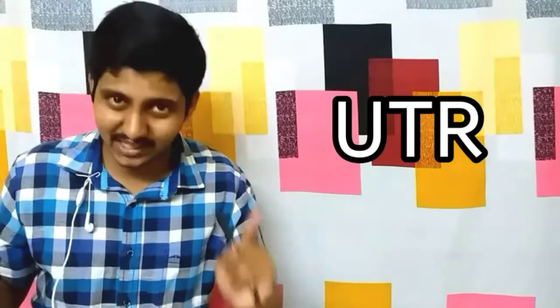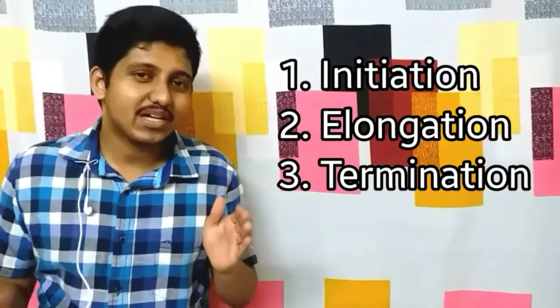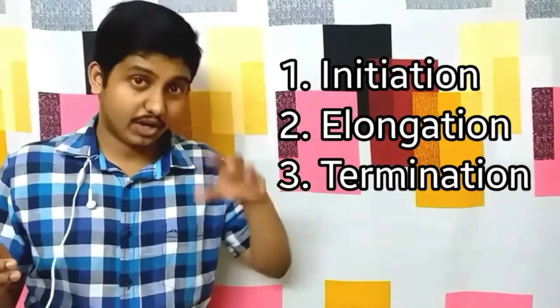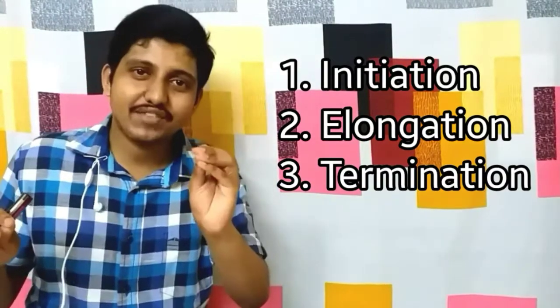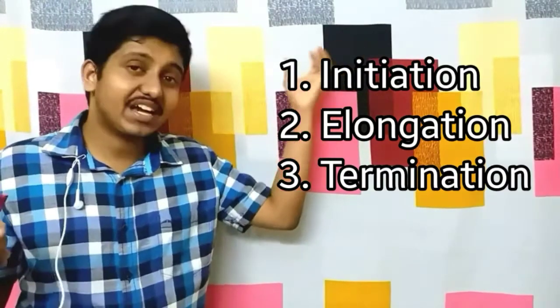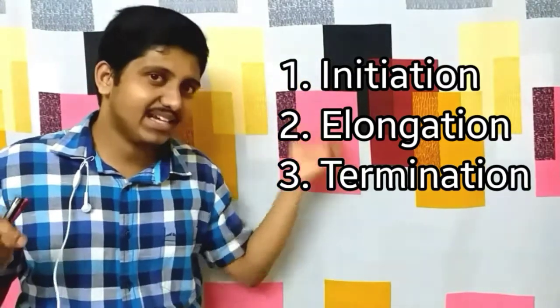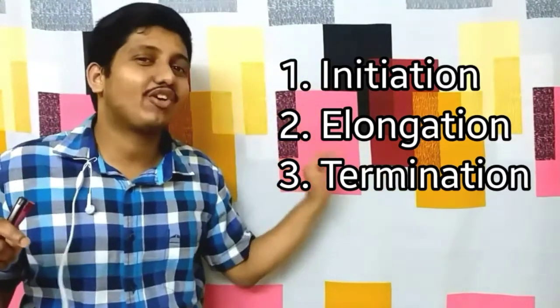The next few words are the initiation, propagation or elongation, as well as the termination phase. The initiation phase is the phase in which the initiator tRNA comes and binds with the P site, corresponding to the AUG codon of the mRNA.